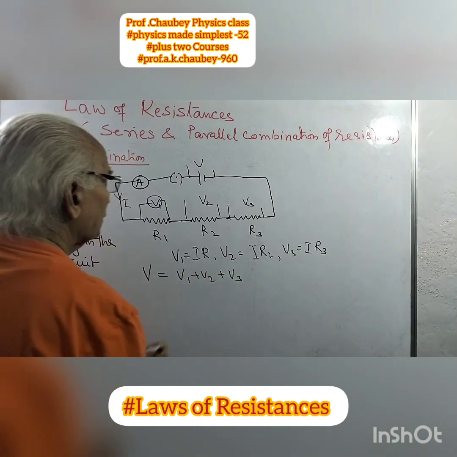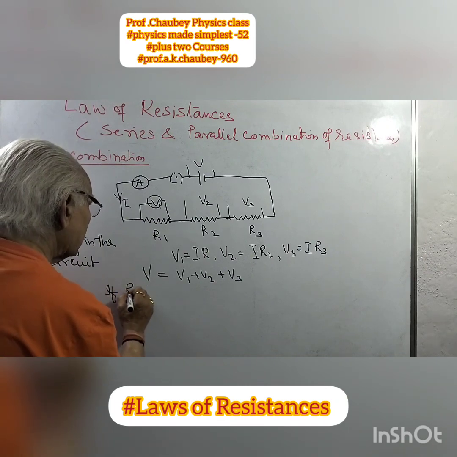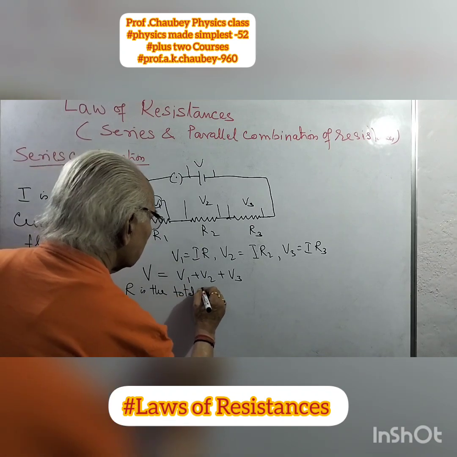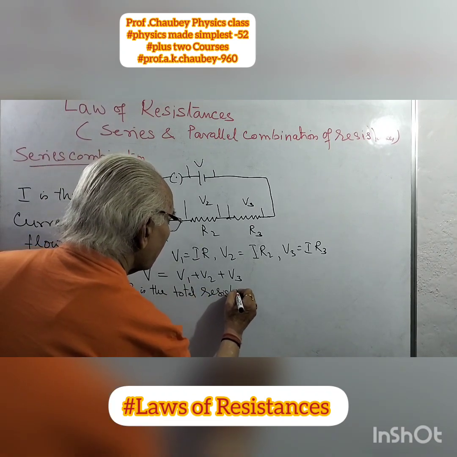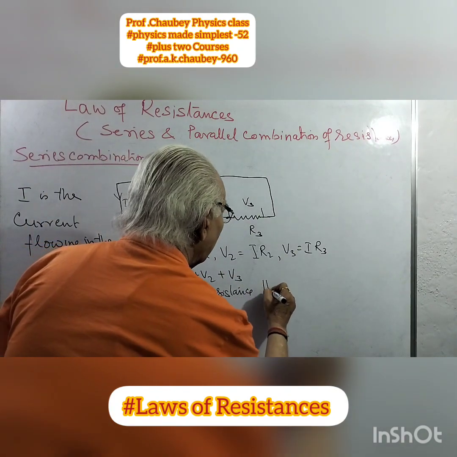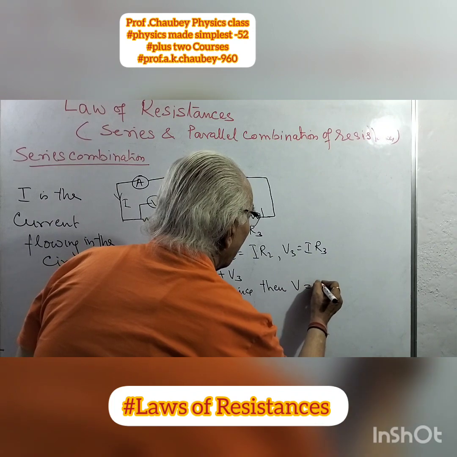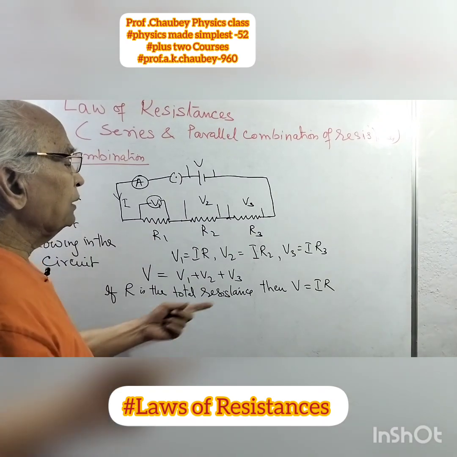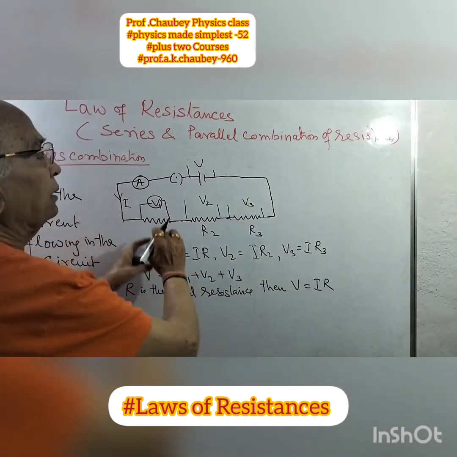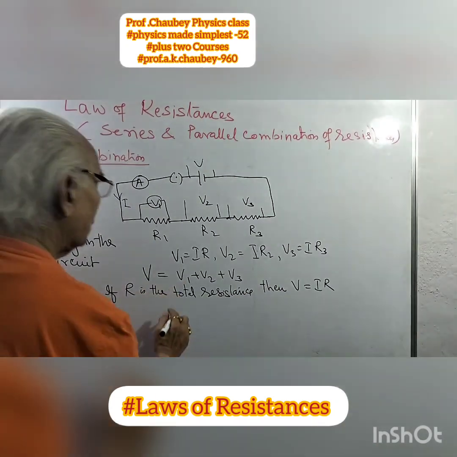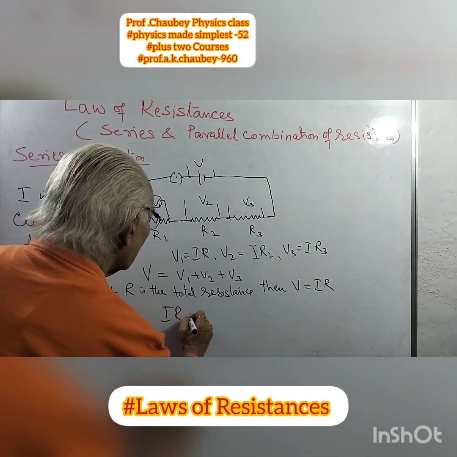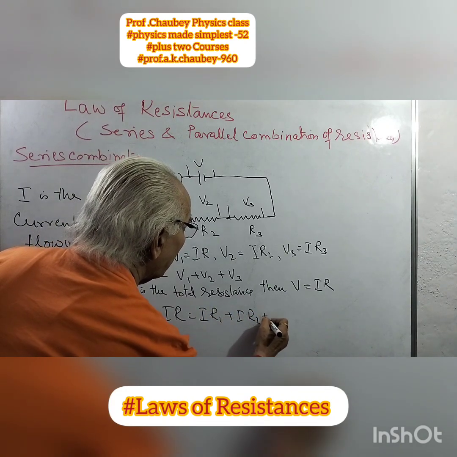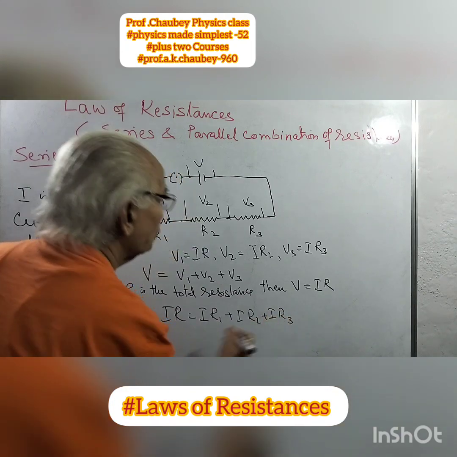If R is the total resistance, then we can write V is equal to IR. The same current I is passing through the combination of total resistance R. So V is equal to IR. So IR is equal to IR1 plus IR2 plus IR3 and so on.